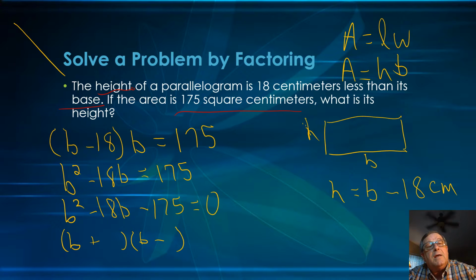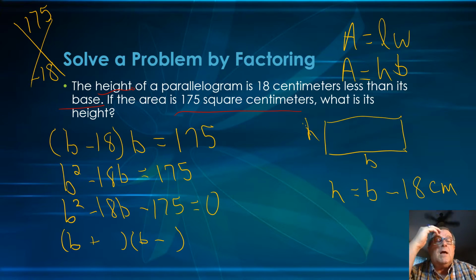And so I'm thinking, okay, I need two numbers that are going to multiply to negative 175 and add to negative 18. Well, this 175 is kind of a large number. But let's see. What if we did 25? If I had a 25, what other number would I need to get to 175?